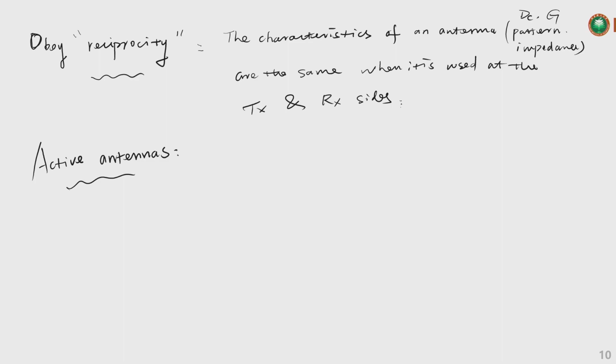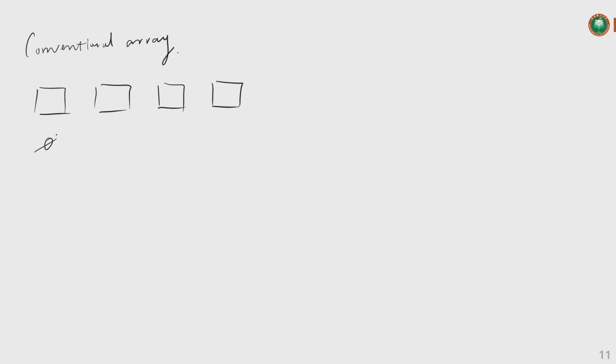So for the conventional array, for example, we have 4 elements, and each element is connected to a phase shifter, right?